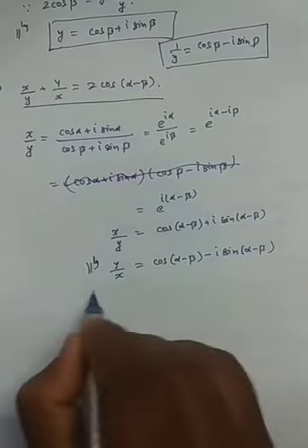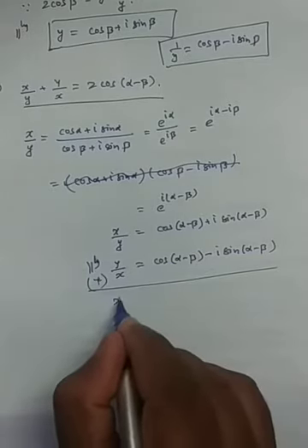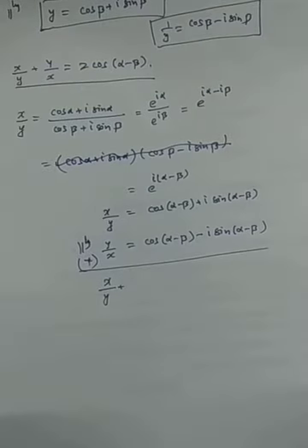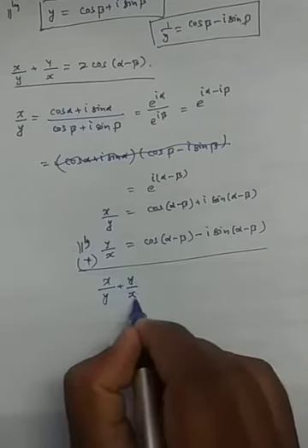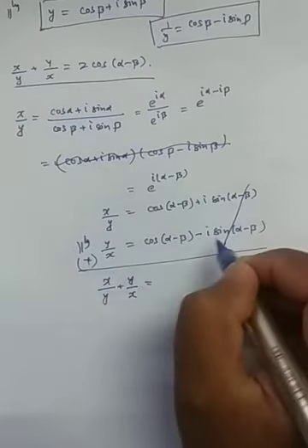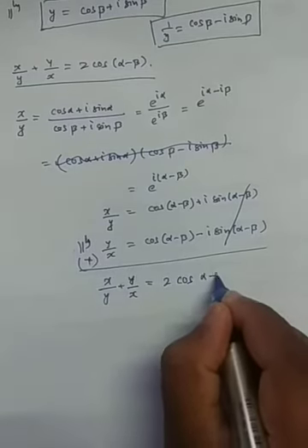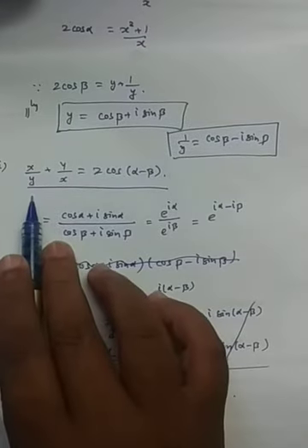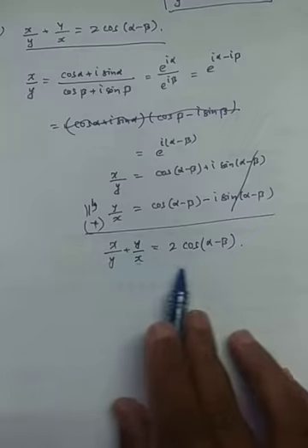If you add these, what will you get? x by y plus y by x. You can see the plus and minus cancel, so this is 2 times cos alpha minus beta. This is what we needed to prove first: x by y plus y by x equals 2 cos alpha minus beta. We got it.